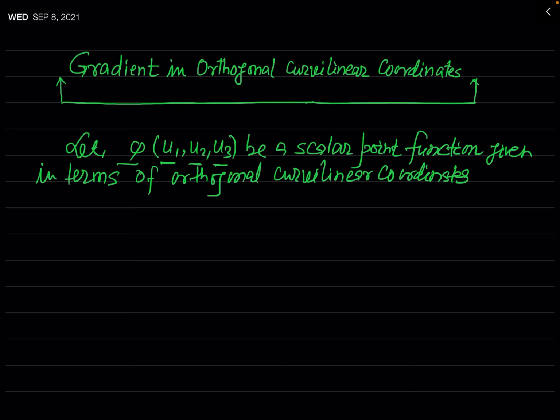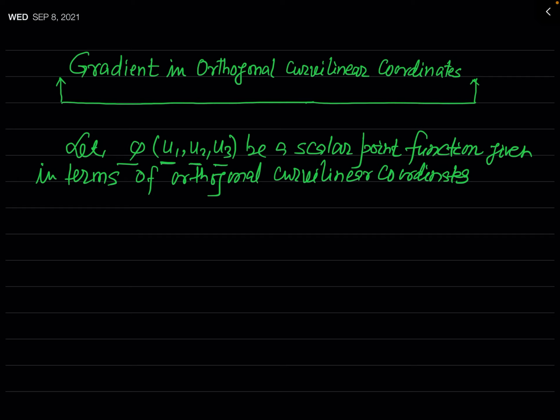The gradient operation is denoted by a particular symbol, the del symbol. When you operate that del operator on any scalar function, you get the gradient of that scalar function.